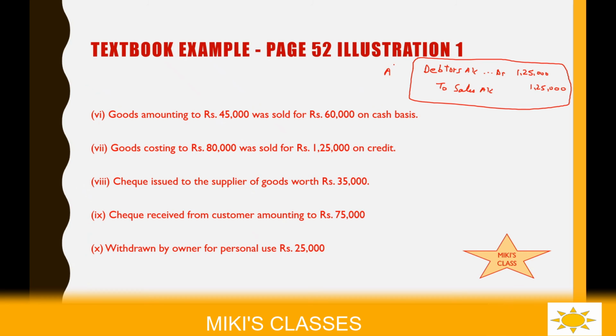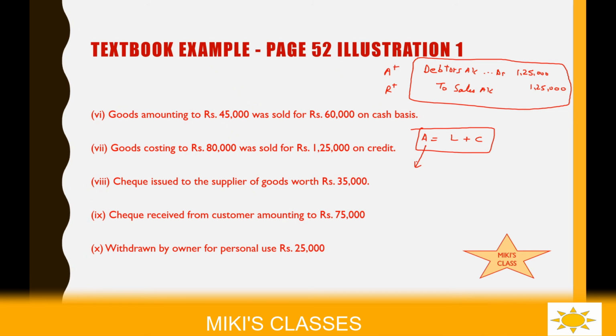You're expecting future economic benefits to flow into the business. So the asset has gone up. And what has happened to this? What is sales? Sales is a revenue, like we discussed in the last example. This has also gone up. So let's check the accounting equation. Asset is equal to liability plus capital.